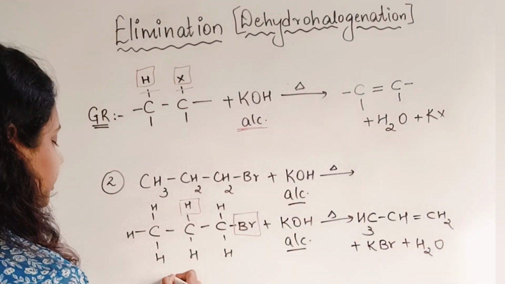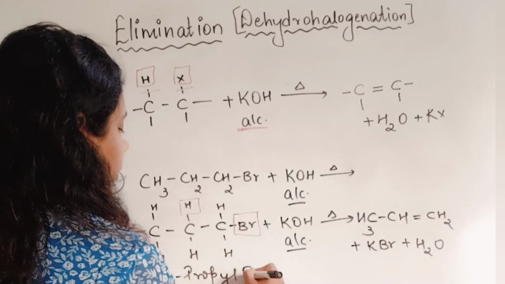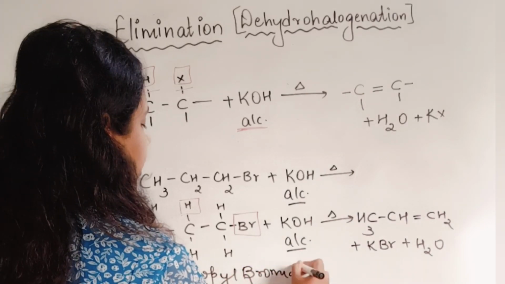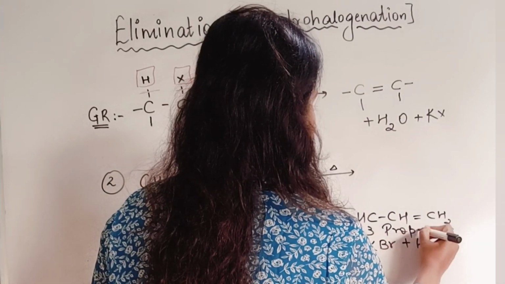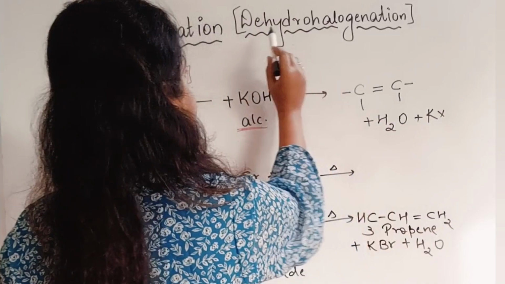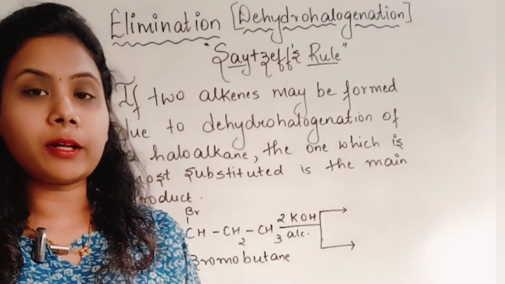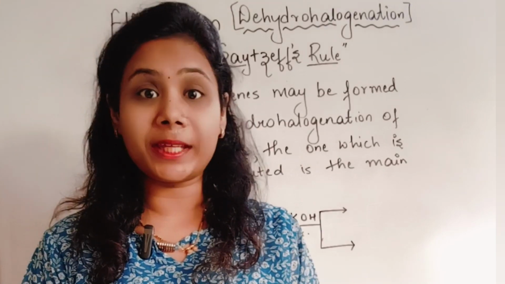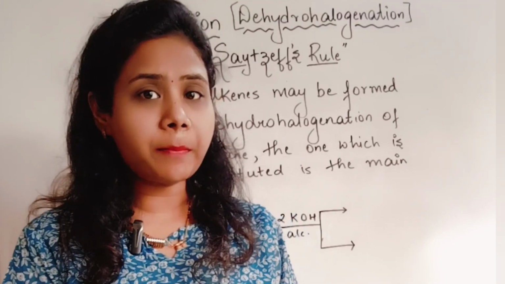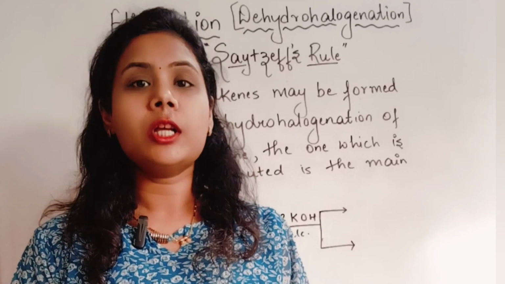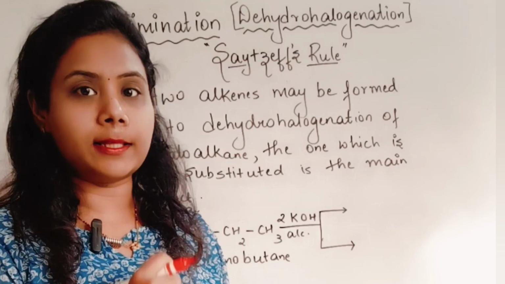So the reactant we used is n-propyl bromide, and the major product we are getting is propene. So we have carried out dehydrohalogenation. If we have a compound by which we get two different alkenes, then how do we decide which is the major product and which is the minor product? There is a rule called the Saytzeff rule. Let us have a look at the Saytzeff rule.